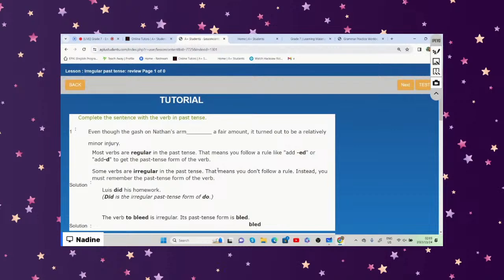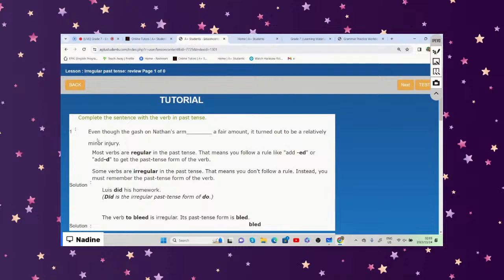And before we do so, remember, we already spoke about verbs and the difference between irregular verbs as well as irregular past tense verbs.